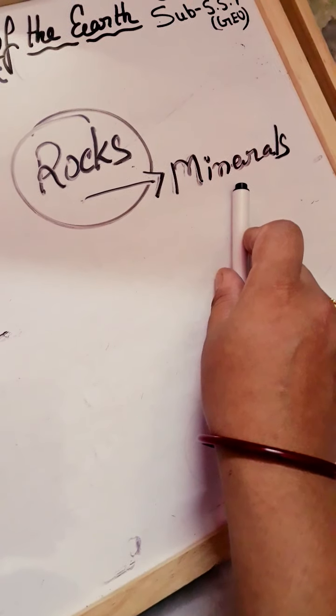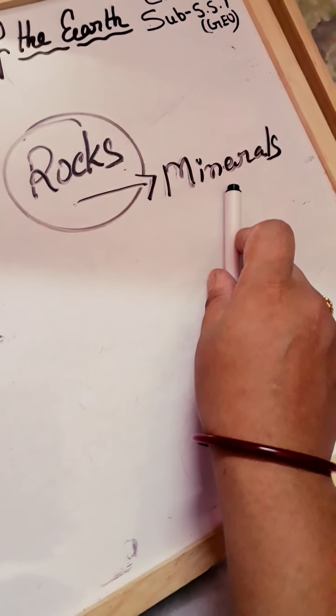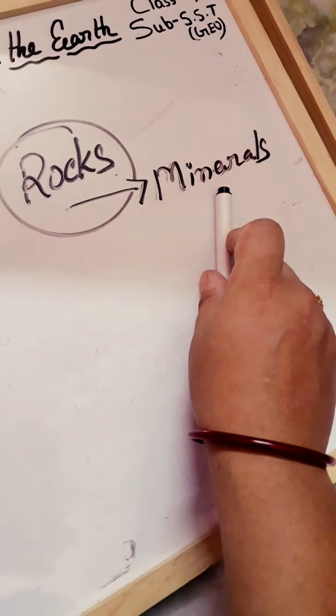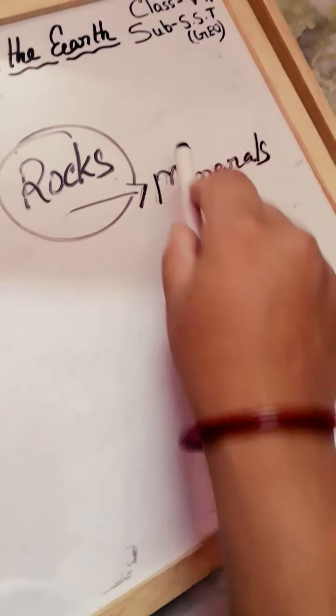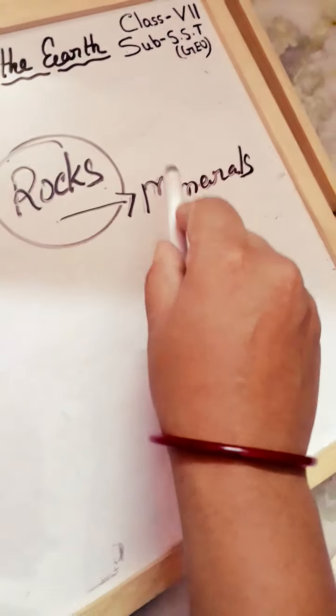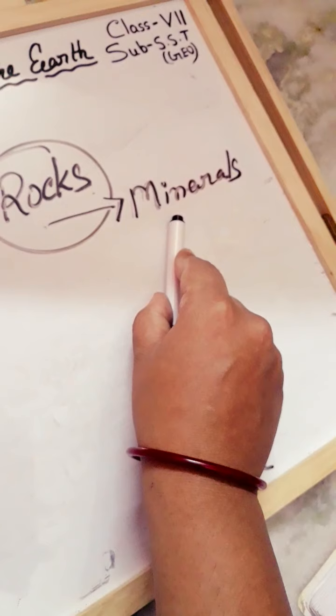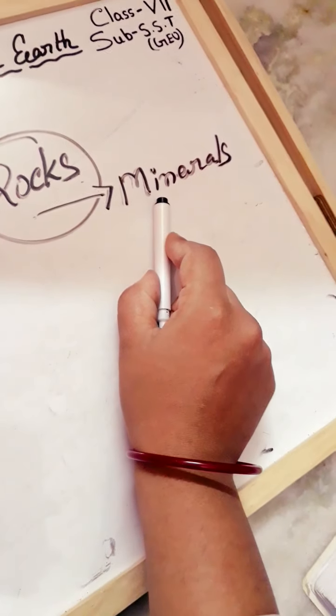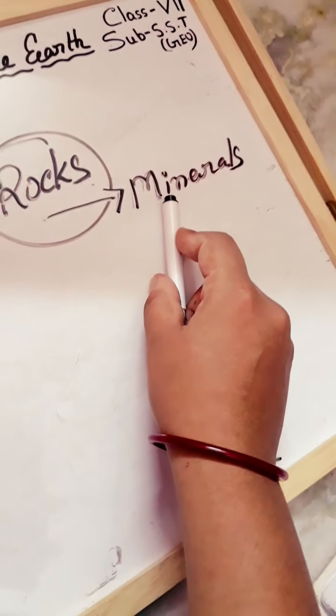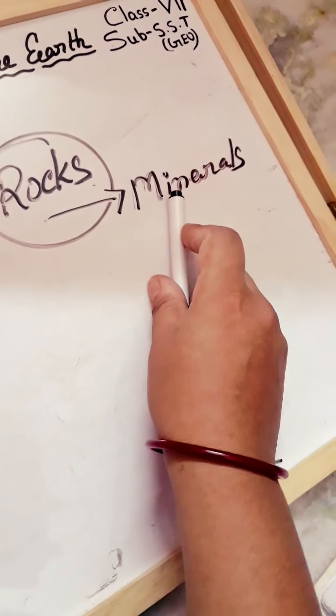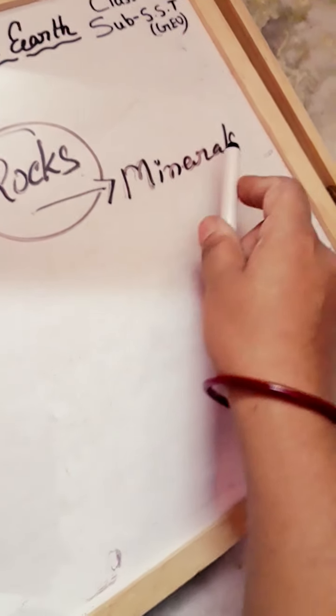No organic materials are present there. They have a definite chemical composition and a crystalline structure. You are all familiar with crystal, which has a shiny texture. So minerals have a crystalline structure.